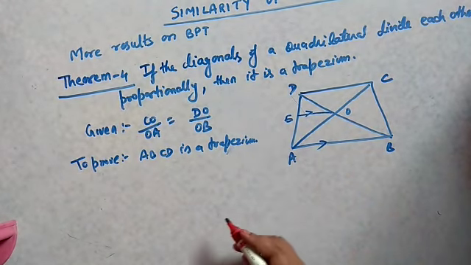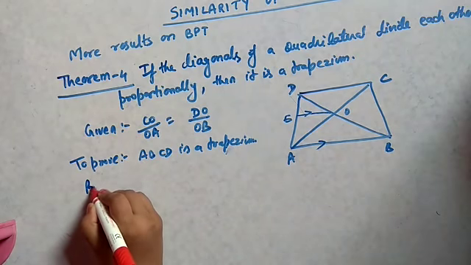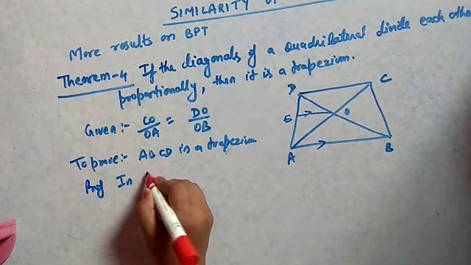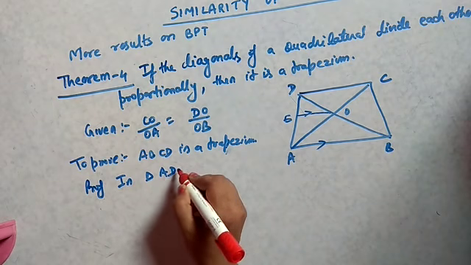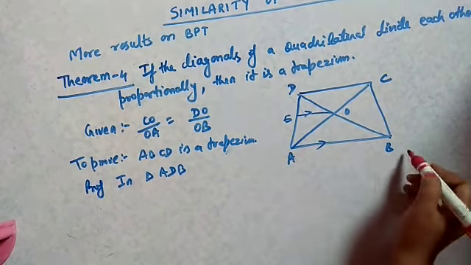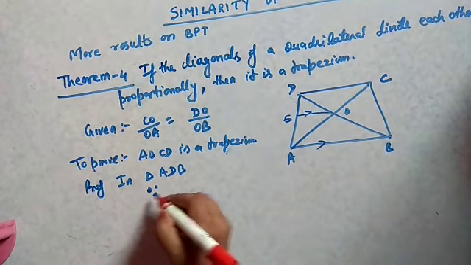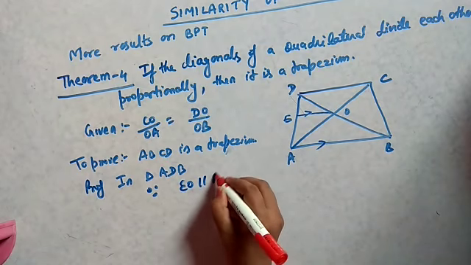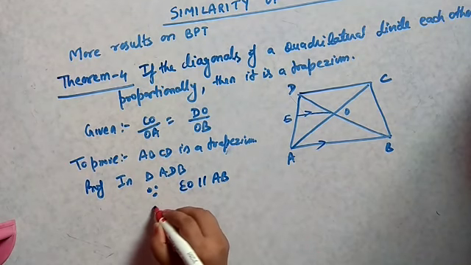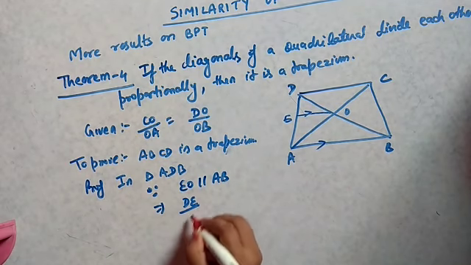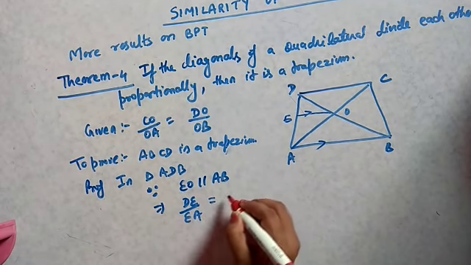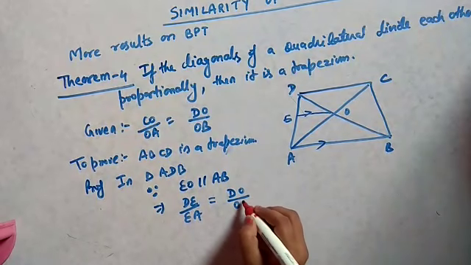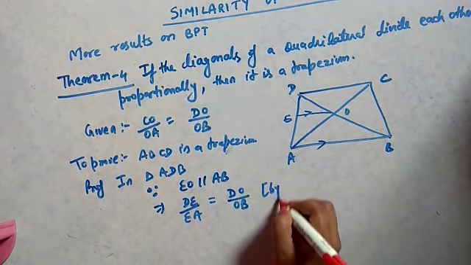So here in triangle ADB, since EO is parallel to AB, can we write DE by EA equals DO by OB by BPT theorem?